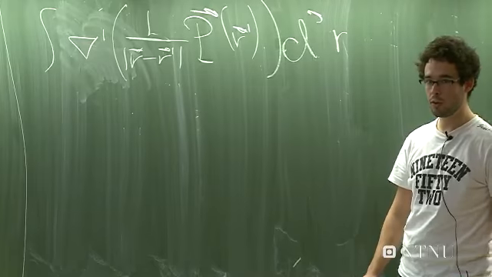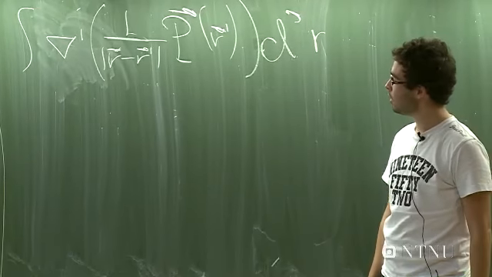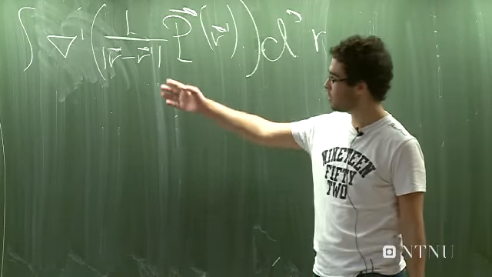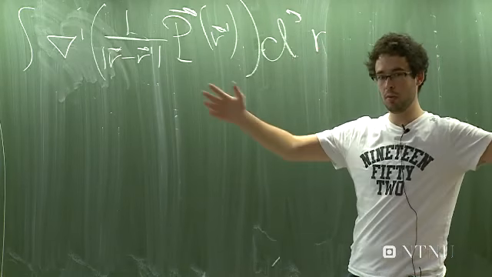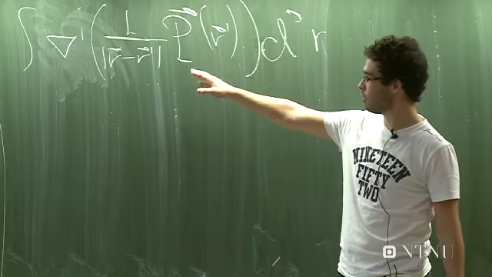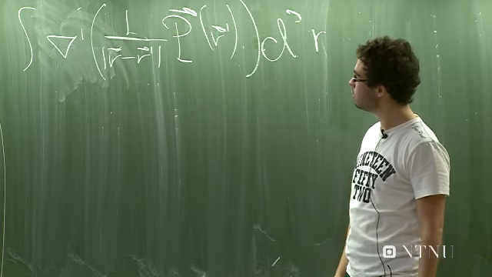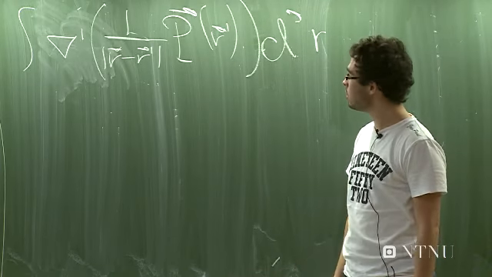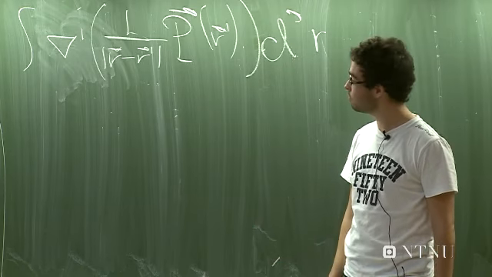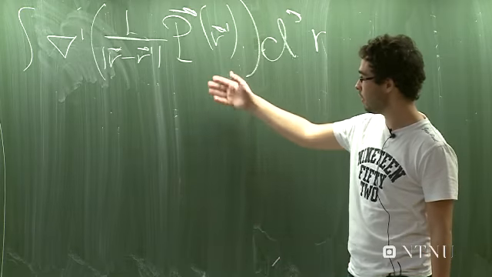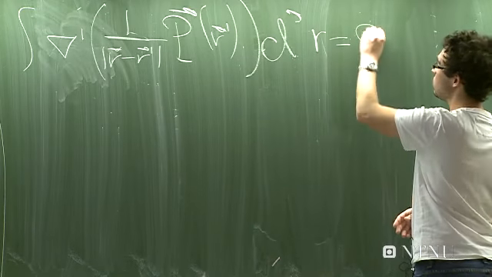And the divergence of a vector, we can use the divergence theorem to change into a surface integral. And as I'm integrating over all of space, the surface is going to be infinitely far away, and there's not going to be much material somewhere between here and Betelgeuse. So the polarization is 0, and then I can just say that this term is equal to 0.